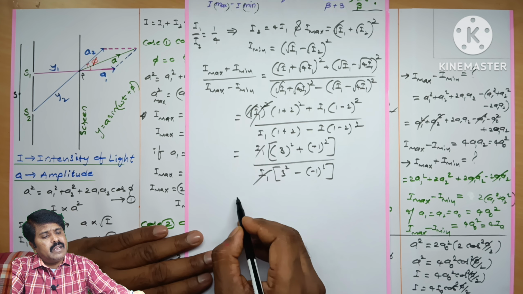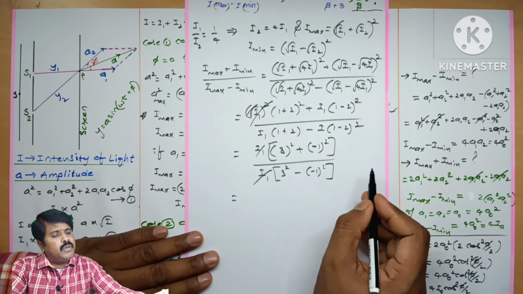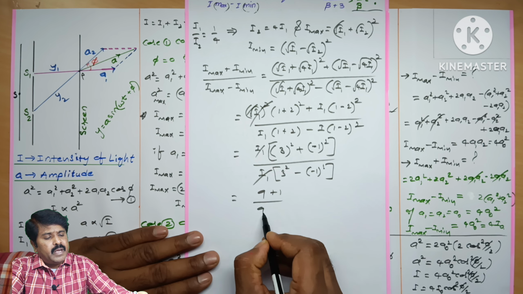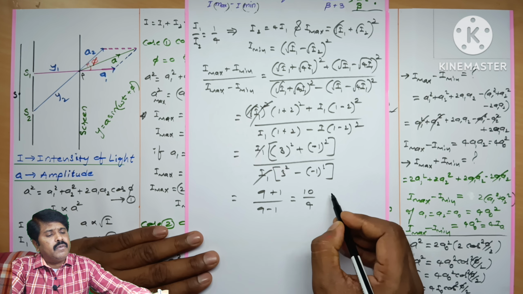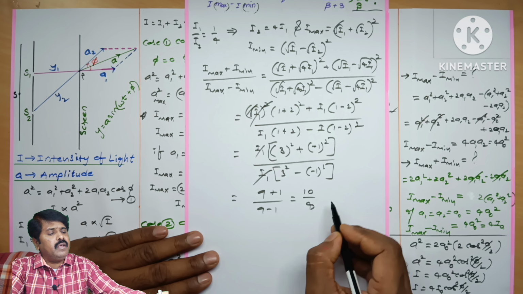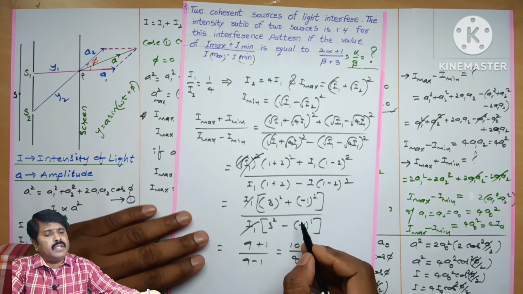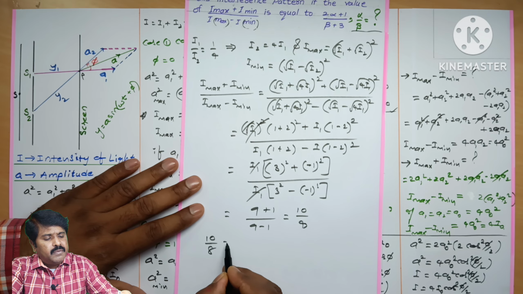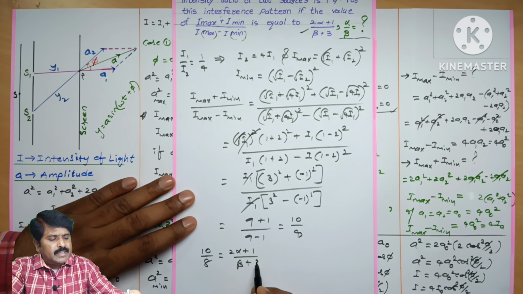I1 gets cancelled, I'm getting there, that is the equation is 9 plus 1 divided by 9 minus 1, which is equal to 10 divided by 8, student. And comparing this with the basic equation, that is 10 divided by 8 is equal to (2 alpha plus 1) divided by (beta plus 3).